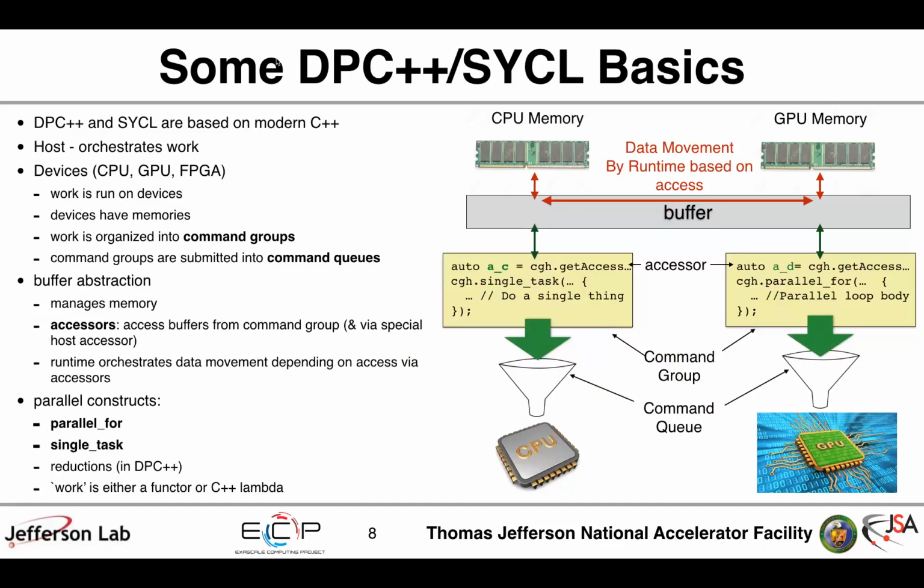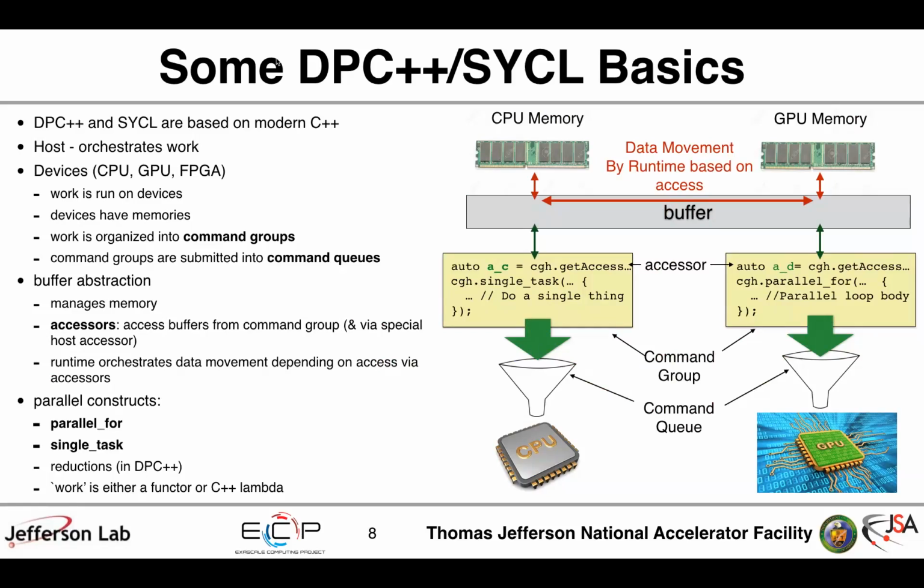And then interaction with the memory is through an abstraction called a buffer in SYCL. When you define buffers, you can only access data in them through things called accessors, which you get by this getAccess function. You get access to the buffer, then you can access the data in it, and depending on whether you access it from the CPU or the GPU, the runtime will move the data there for you.